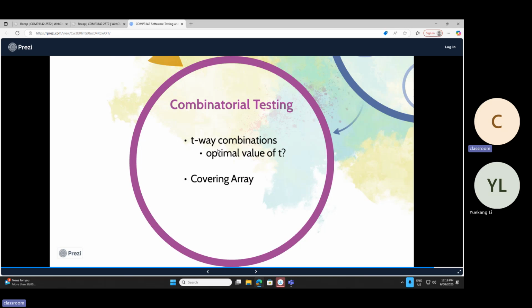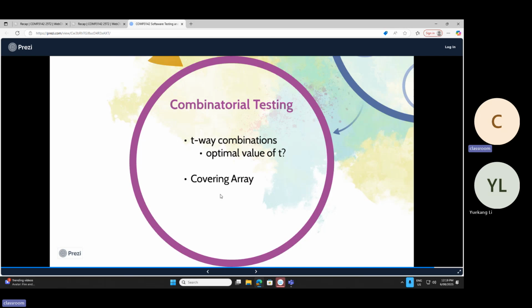So how do we calculate the optimal set of test cases here? The concept we use is called the covering array. We use this covering array to keep track of which test case can cover which combinations, so we can minimize the test suite according to the covering array.